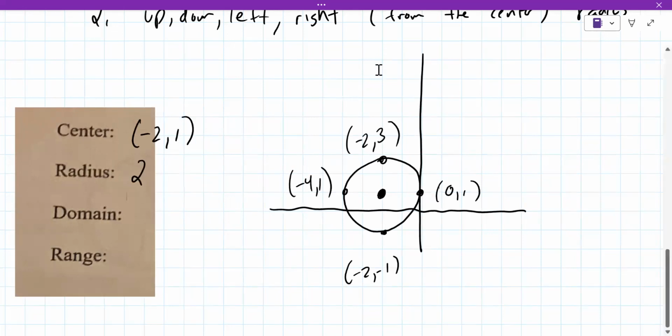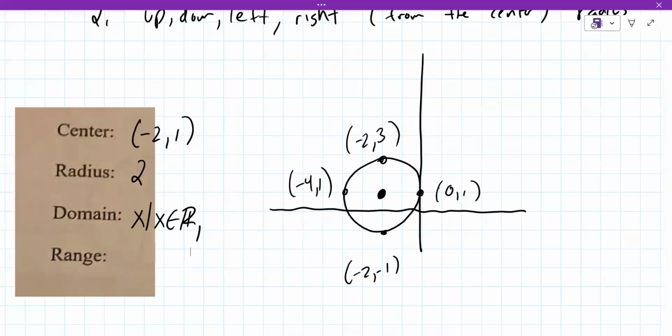It does say to use set builder notation for domain and range. That's the x such that x, comma, and then you have to use inequality notation.